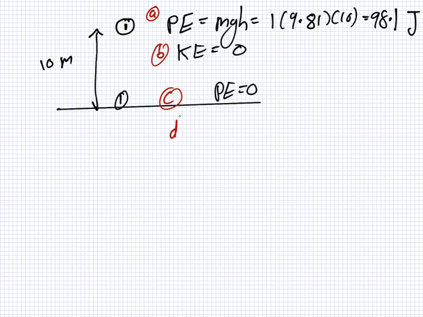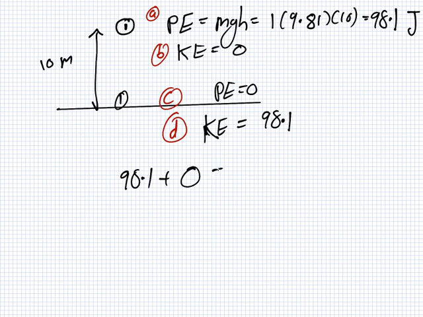So then D is what kinetic energy does it have when it hits the ground? 98.1. Because the kinetic plus the potential at the start must equal the kinetic plus the potential at the end. So the kinetic at the end has to be 98.1.